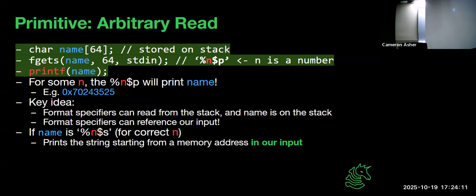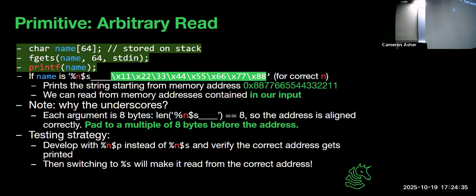So if we keep reading far enough down the stack, we'll eventually hit that stack variable. Also, what's really important is that the format specifiers can reference our input because our input is also on the stack. So if name is like this for the correct n, it will give us back our input, or it'll print a string that is part of our input.